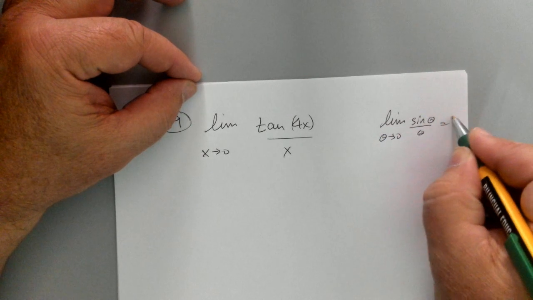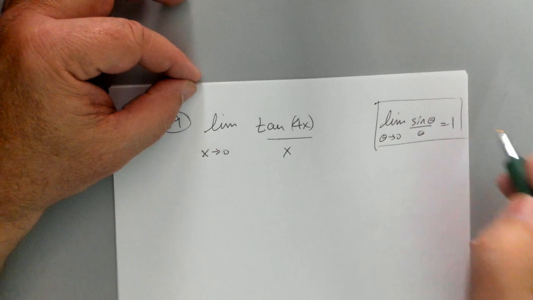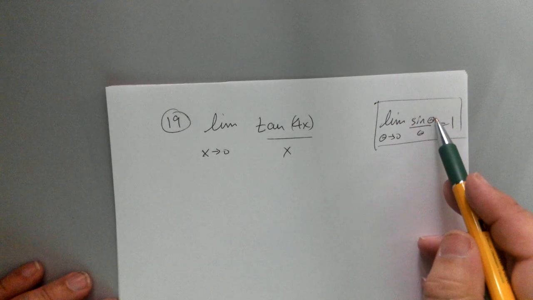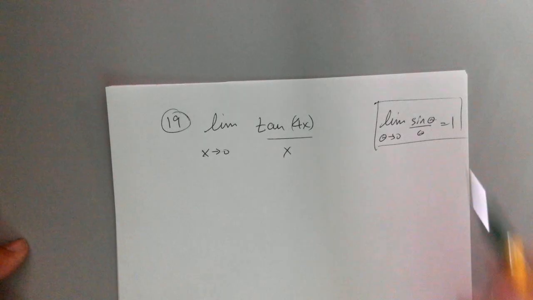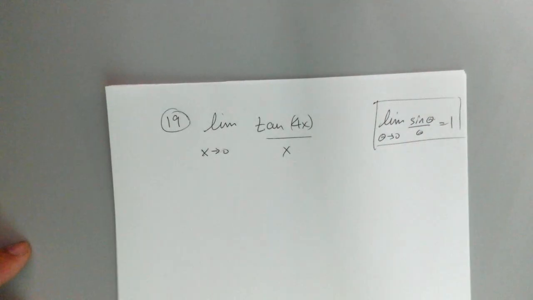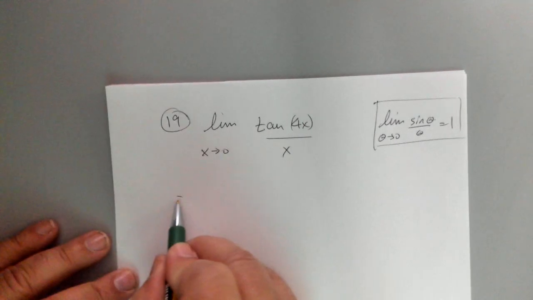We need to get sine theta over theta, where theta goes to 0. Theta could be anything. It could be 7x, it could be 15y, but they have to be the same. How do we do that? Yes, that would be the first step.